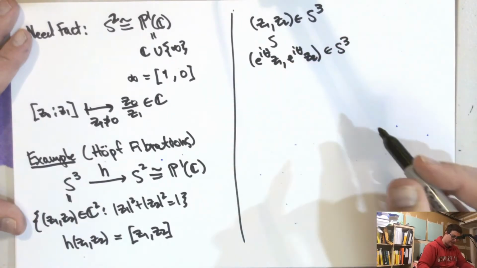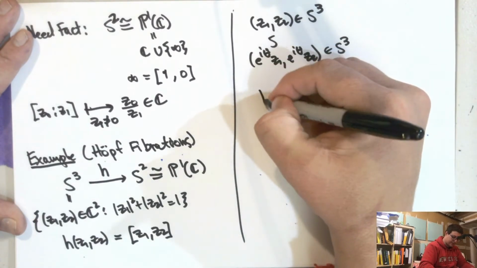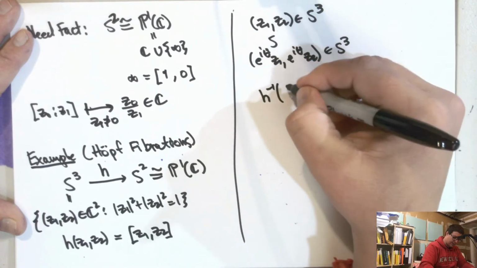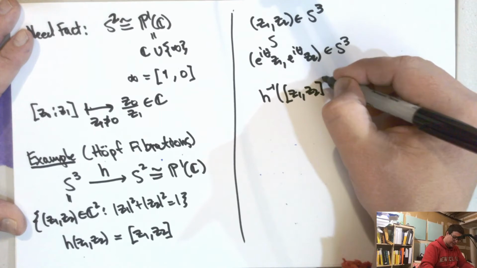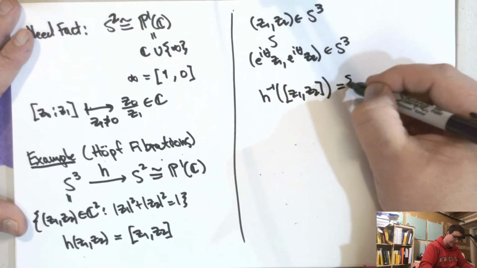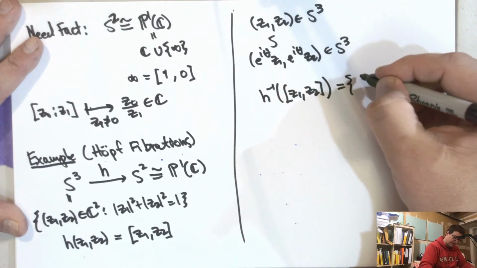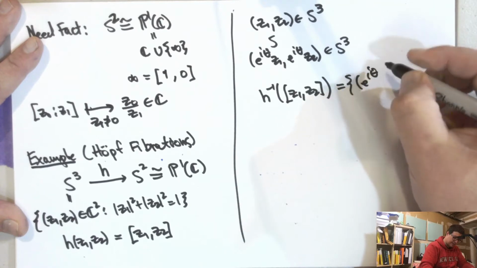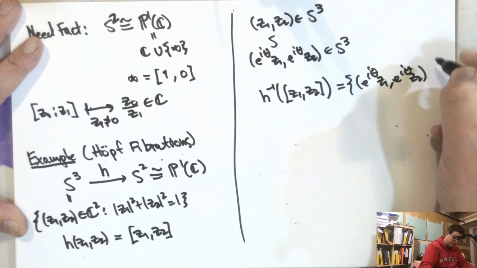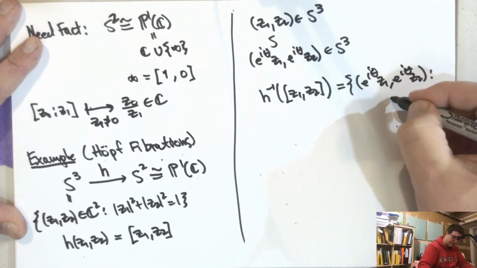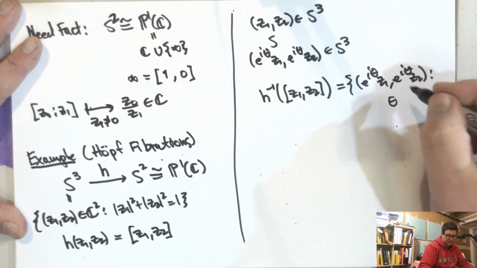In particular, H inverse of some point Z1, Z2 looks like a circle. It's the set of e to the i theta Z1, e to the i theta Z2, where theta goes between 0 and 2 pi.